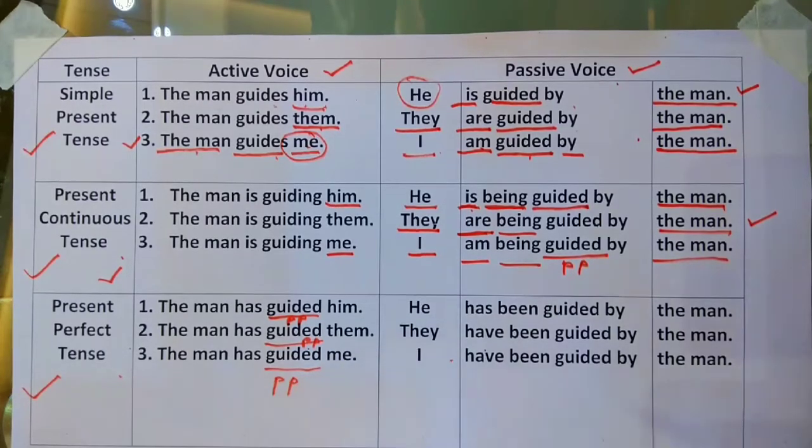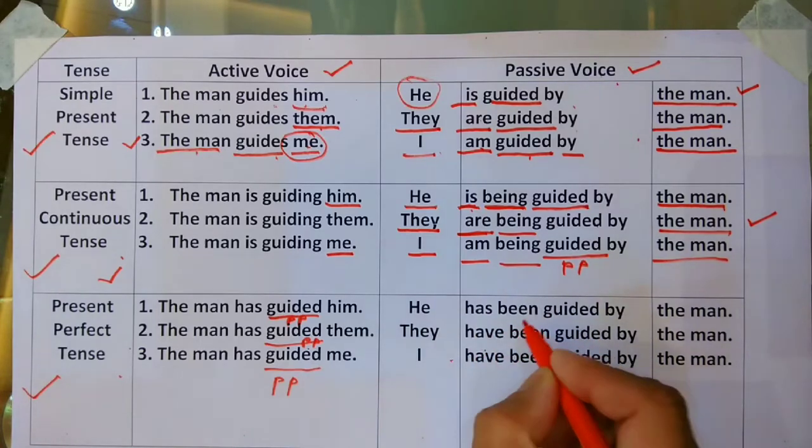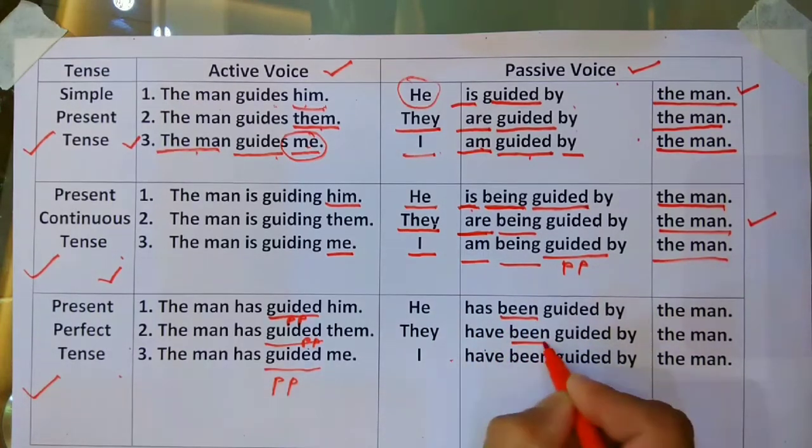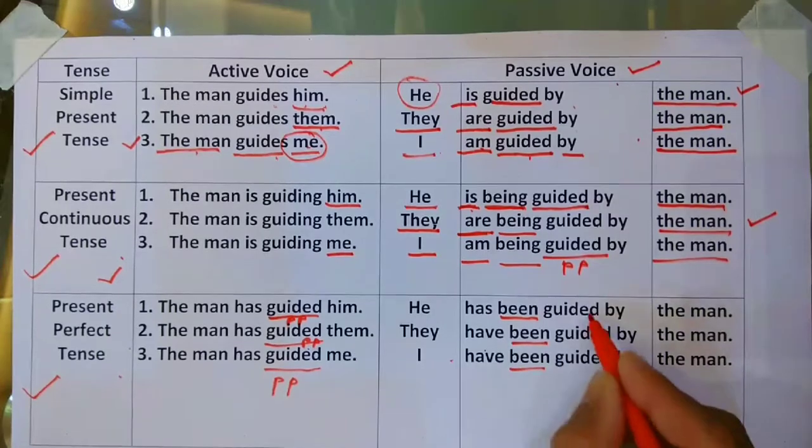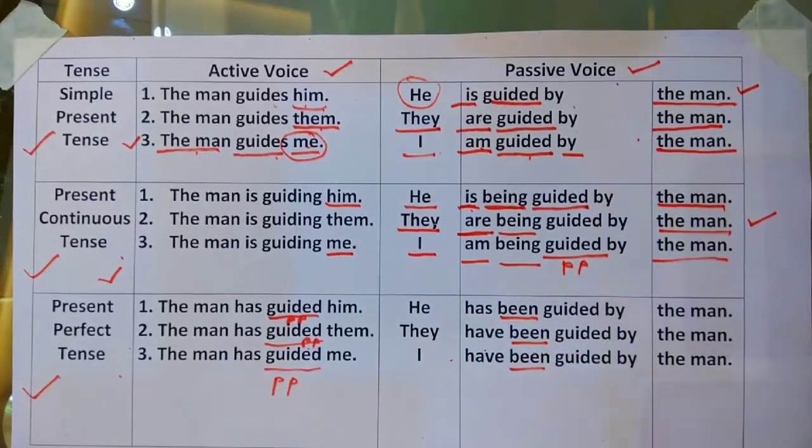So we need not find out the third form of the verb while converting active voice into the passive voice in this tense. We just need to add the word been between the helping verb and the past participle form of the verb.